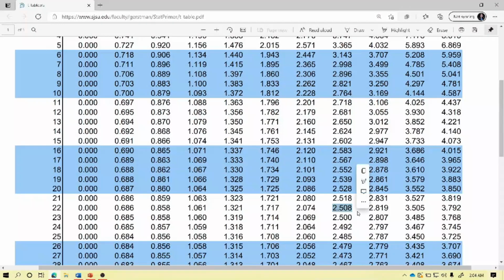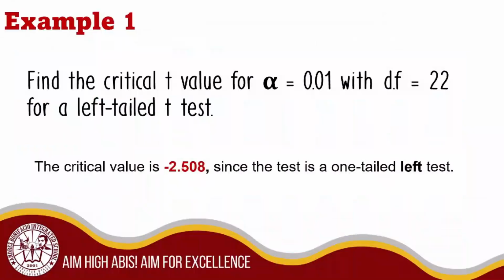So there you go, 2.508. So the critical value is negative 2.508. So take note, class, that our critical value is negative. Why? Because it is a one-tailed left test. Okay? Therefore, it is negative.